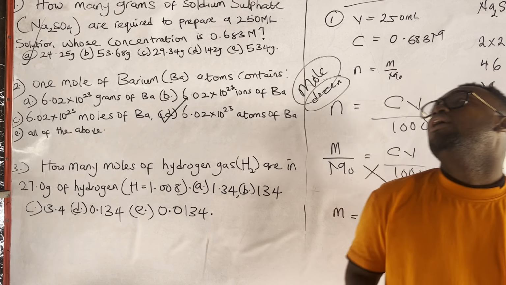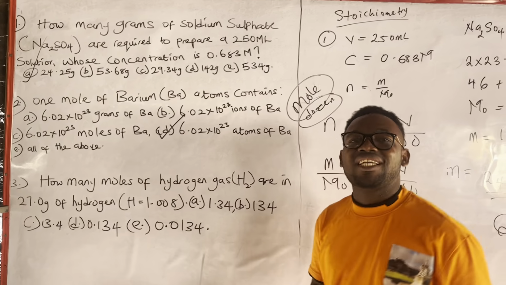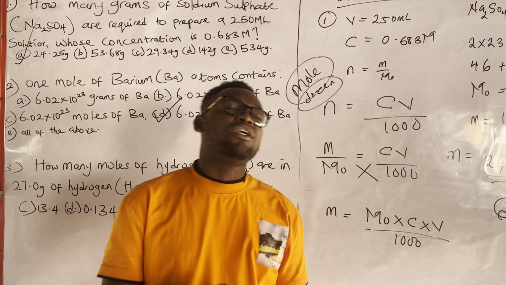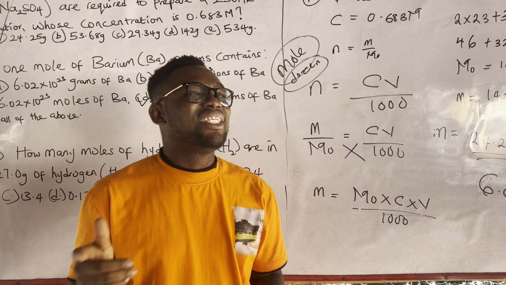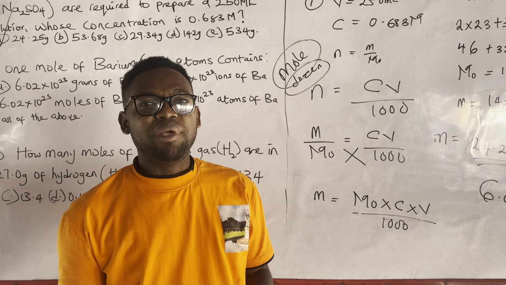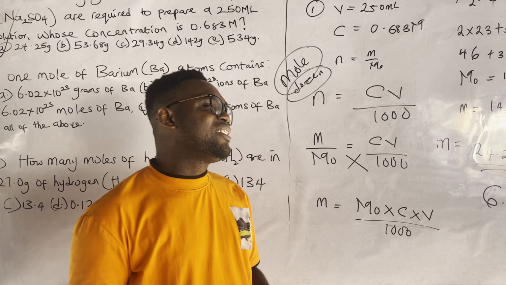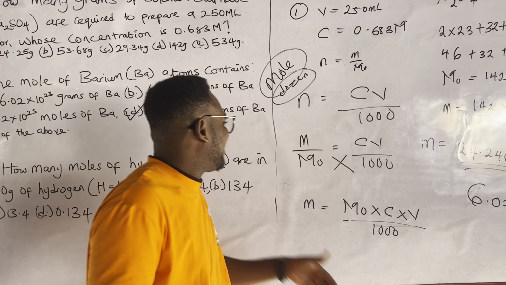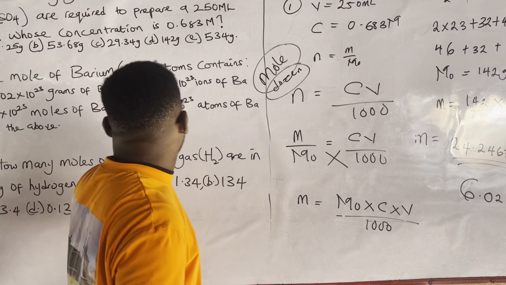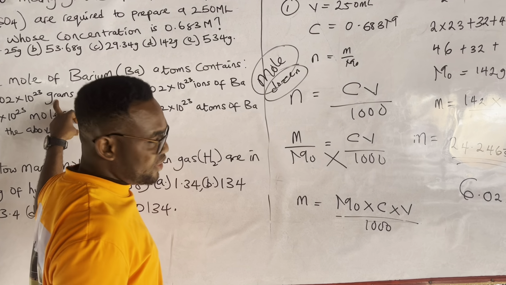That is how we talk about it. We cannot say that 1 mole of barium ion contains 6.023 times 10 to the power 23 atoms of barium. That's wrong. When we say molecules, we end it with molecules. We say particles, we end it with particles. So that is the solution to this question.